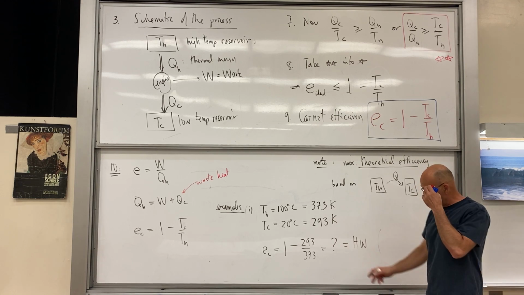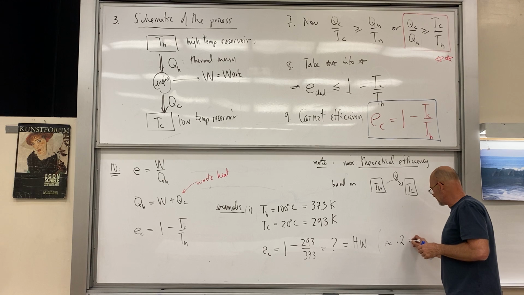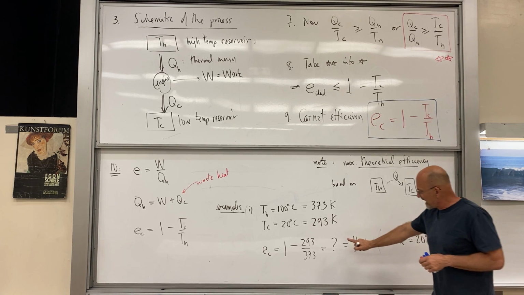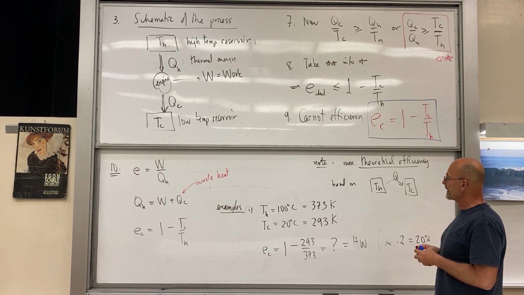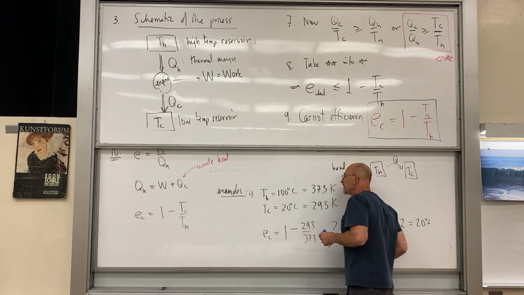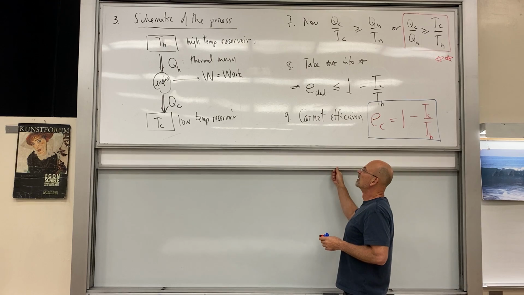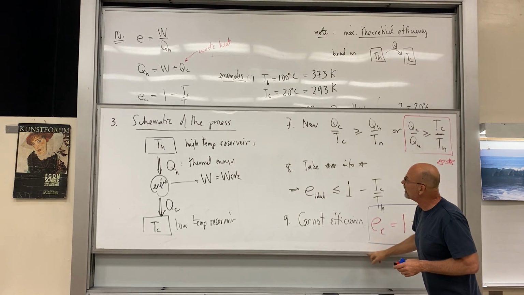You want to get the exact number. Approximately 0.2 equals 20%. A little bit more. So make sure you calculate this one. So that would be an example. And as a problem, this is the kind of thing we could put on the exam later.